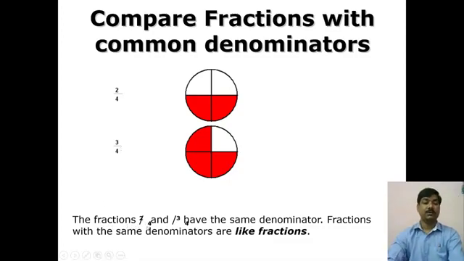The fractions 2 upon 4 and 3 upon 4 have the same denominator. Fractions with the same denominator are like fractions. So in this way, these are the like fractions.